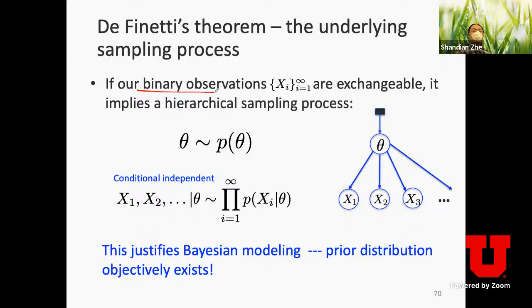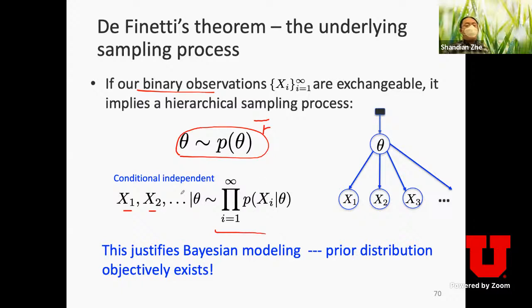So you sample some theta from P of theta, which is the distribution of the limiting average. Then given theta, you sample each value x1, x2, to any variable in your sequence conditionally independently.